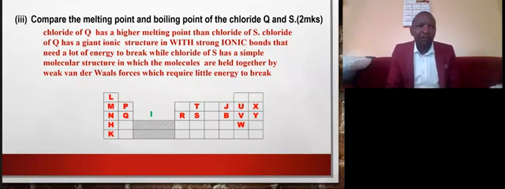Because the chloride of Q has a giant ionic structure with a strong ionic bond that needs a lot of energy to break, while the chloride of S has a simple molecular structure in which the molecules are held together by weak van der Waals forces. Can you screenshot the answer?